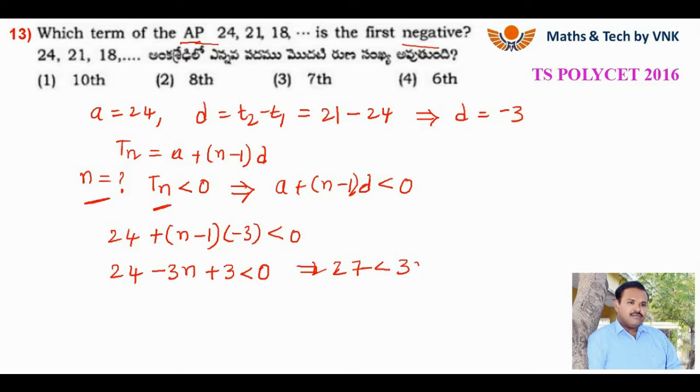In other words, 3n should be greater than 27, which is nothing but n should be greater than 27 by 3. So n should be greater than 9. So the smallest value of n which satisfies n greater than 9 is n is equal to 10. So the 10th term is the first negative in the given series. So option 1 is correct.